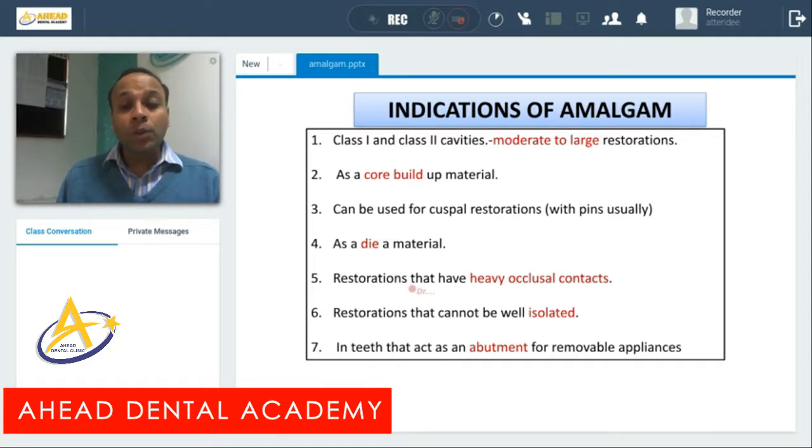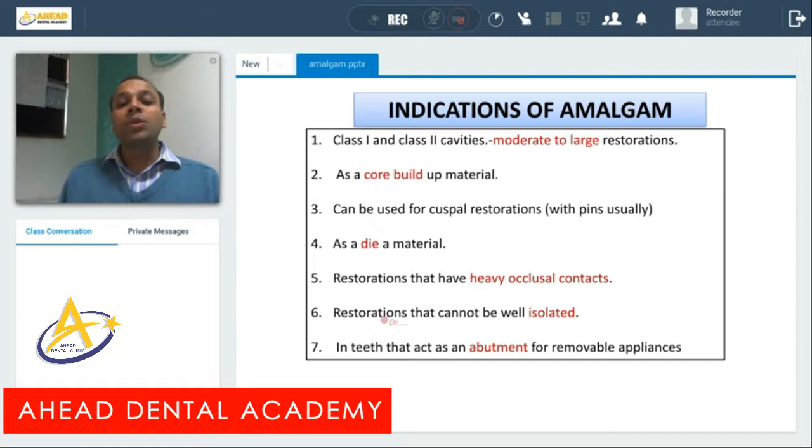We can also use it where there are very heavy occlusal contacts, especially in the cases of molars where there is such a heavy amount of forces and the size of the cavity is moderate to large. In those areas, amalgam is the ideal restorative material. Again, in the area where isolation cannot be maintained, as we all know, composite is a hydrophobic material.